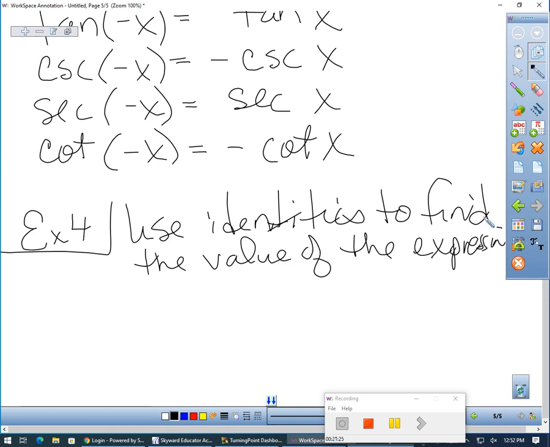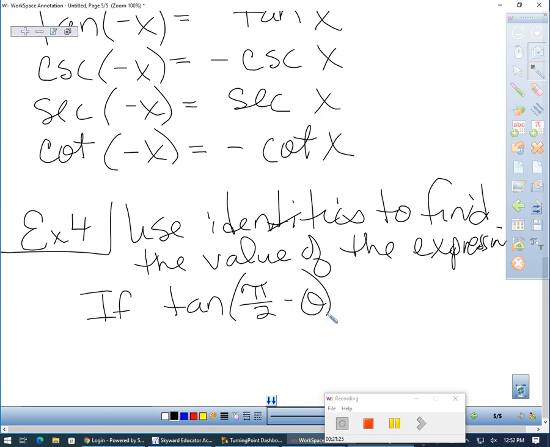So if I gave you something like, if tangent of pi over 2 minus theta equals negative 5.32, find cotangent theta.